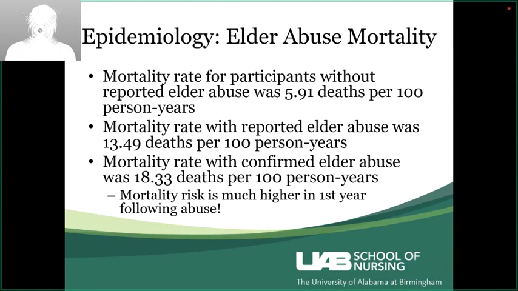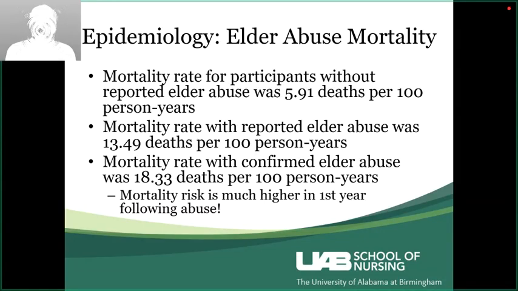Let's look at the mortality. I know it's more epidemiology, but it's really important for us to understand that when any study of abuse occurs, the important epidemiology looks at morbidity and mortality. Who dies from this? Who ends up hospitalized or in a nursing home? And we found that with abuse, it's 13.49 deaths per 100 years.